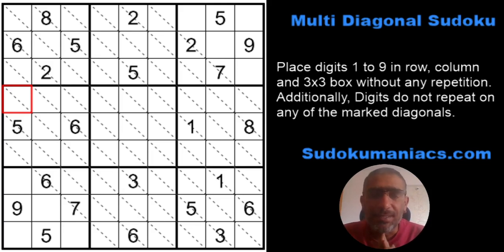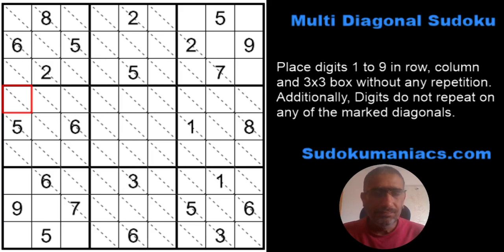Now, I had shared this multi-diagonal Sudoku on our social media page with you all, and I told you that the rules of classic Sudoku apply, and additionally, digits do not repeat on any of the marked diagonals.